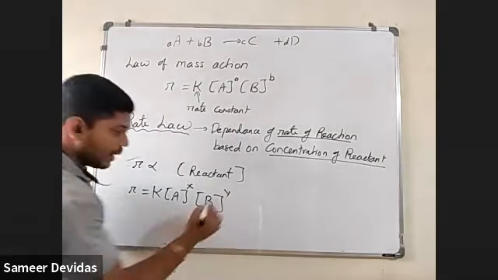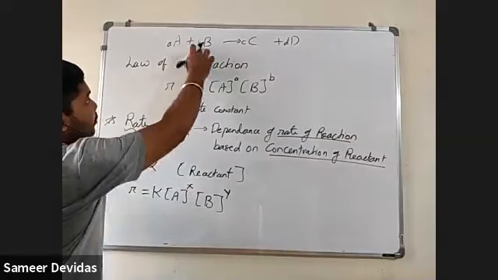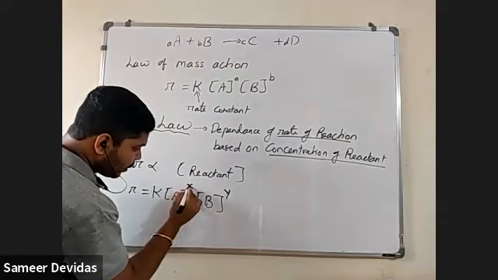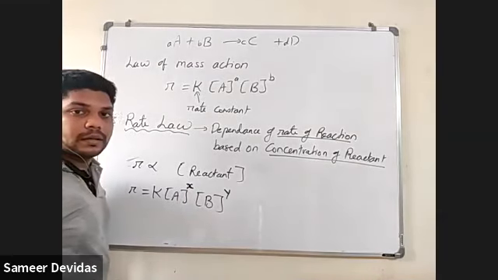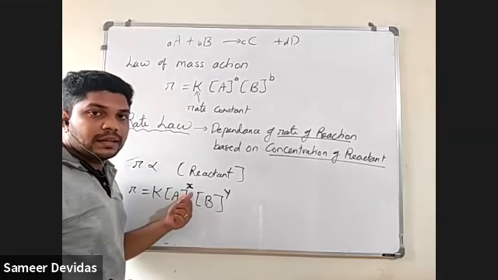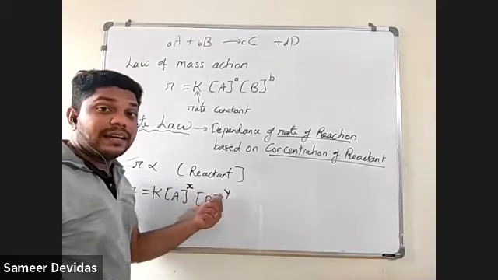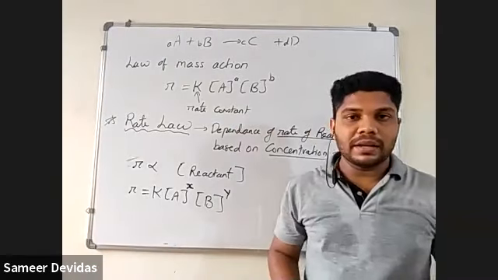Here, rather than A and B as the powers, can you see what I have written? It is X and Y. Now the question will come: from where has sir brought the X and Y?